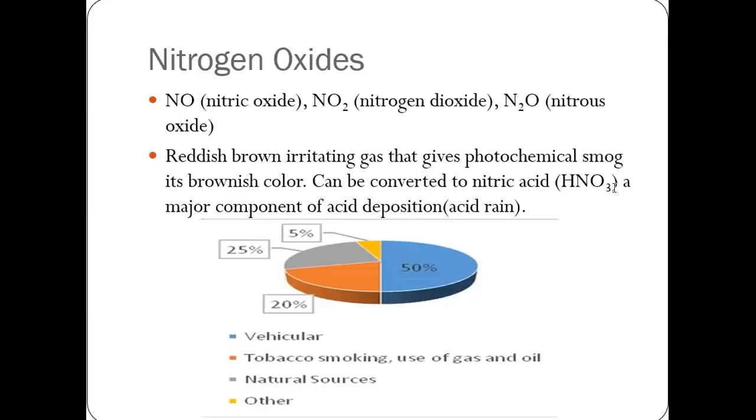Nitric acid is then returned to Earth by means of rain. And in the end, the water that comes out from the rain becomes acidic in nature.